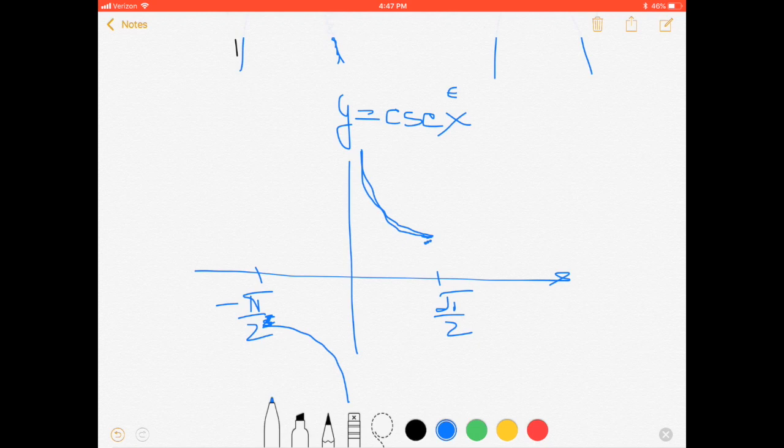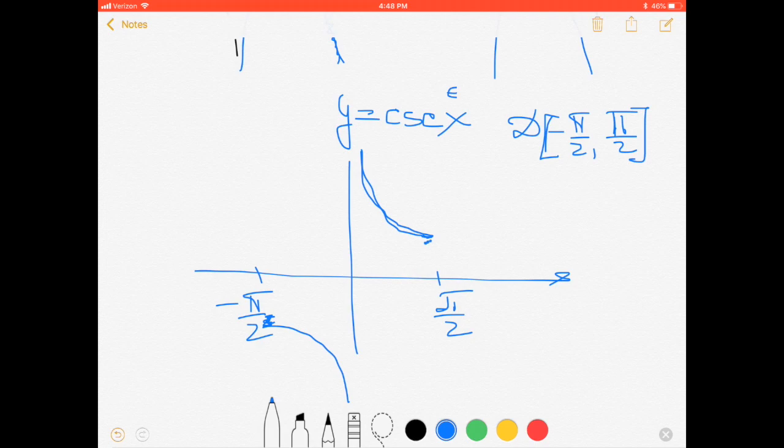What do you know about domain and range? Domain of this function is from negative pi over 2 to pi over 2, without 0.